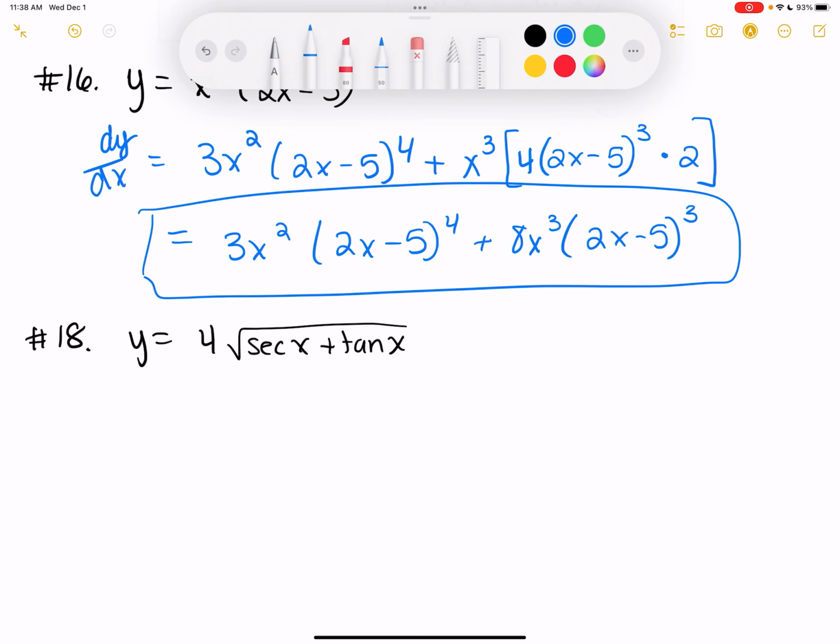So we need to rewrite the square root in another way so that it gives us something I can work with. What's another way I can write something that's a square root? Just 1/2, but yes. So it's going to be 4 times (secant of x plus tangent of x) to the 1/2.